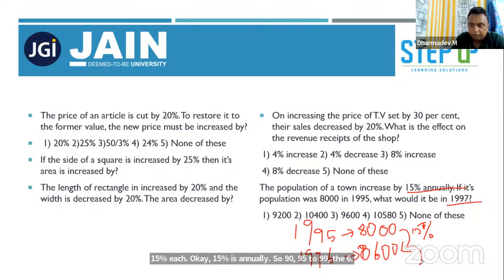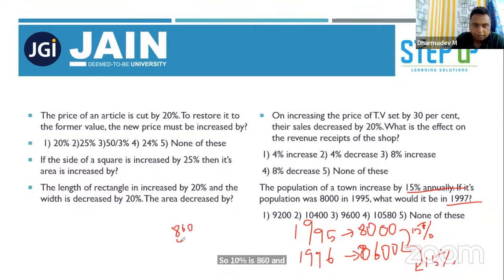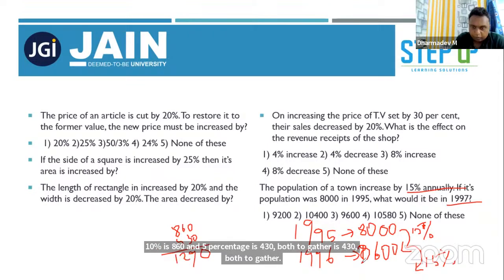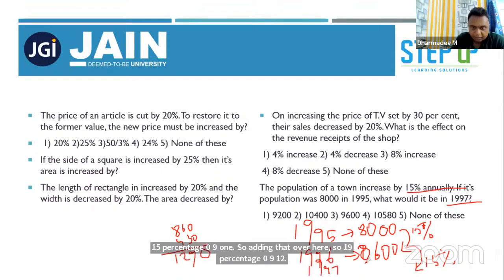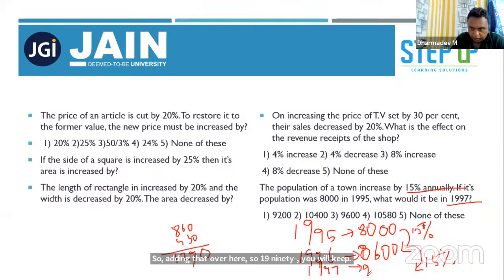Again, from here, it is 15%. So 10% is 860 and 5% is 430. Both together is 15%. So adding that, so 1997, you will get... okay, none of this.